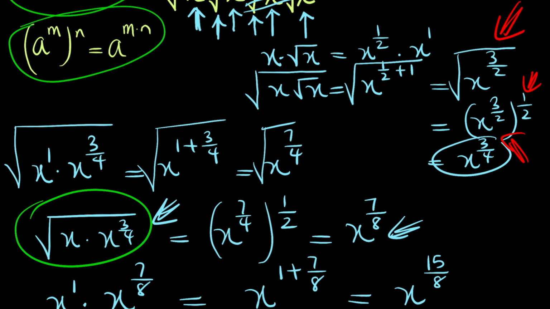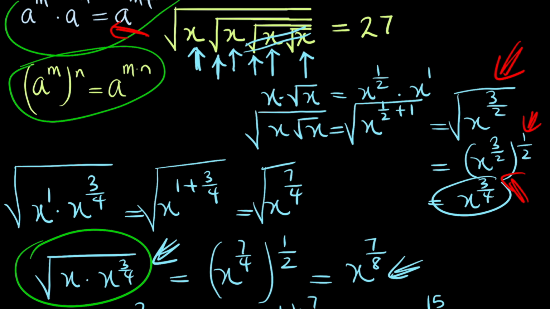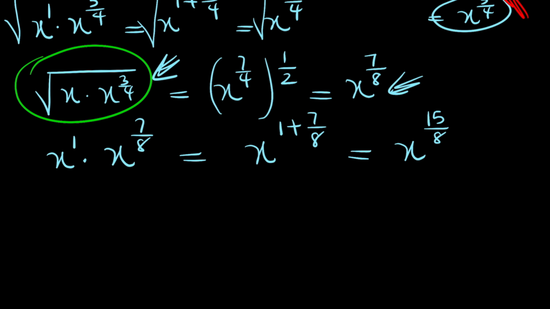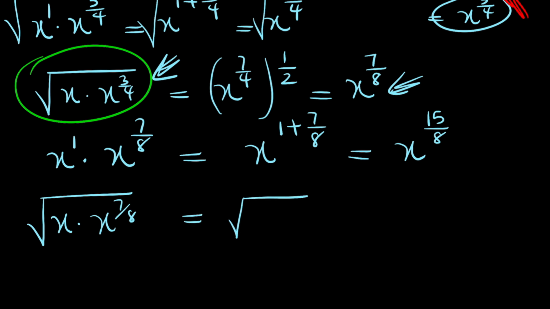So that's another value, and then we go to the last radical, which is this square root here, and say square root of that. So we say square root of x times x raised to power 7 over 8 is now the square root of x raised to power 15 over 8, and square roots can be written as 1 over 2.